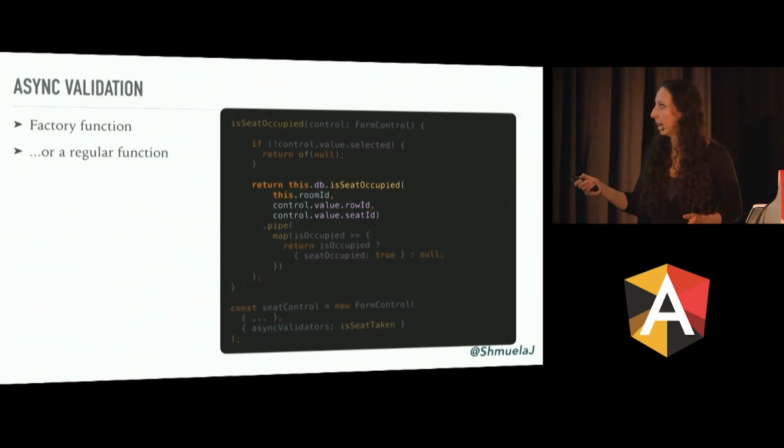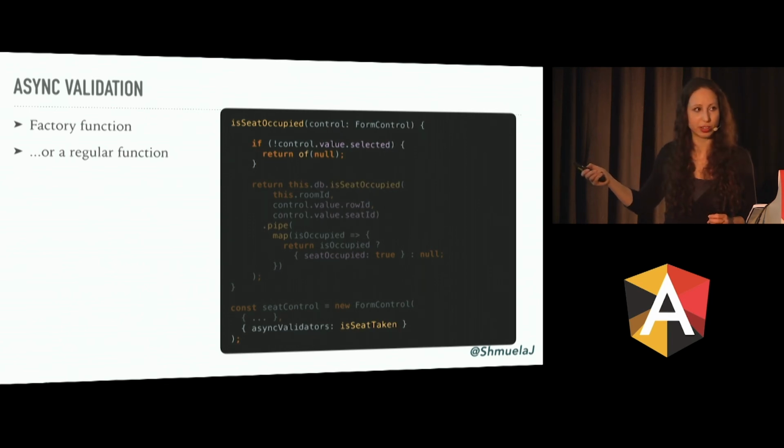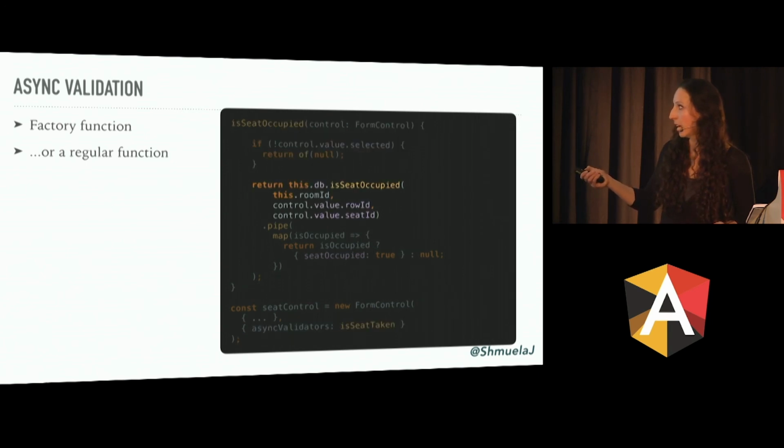And then we have this method on the DB service, is seat occupied, and we have to pass to it the room ID, row ID, and seat ID. So row ID and seat ID we have on the control that we're getting for this validator. Okay, we have it in the value because I chose to save everything there.